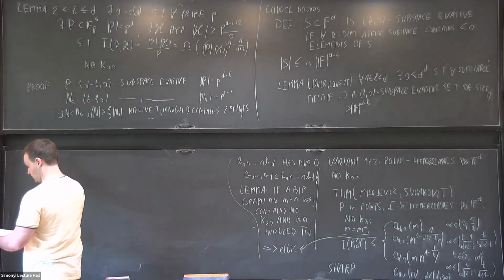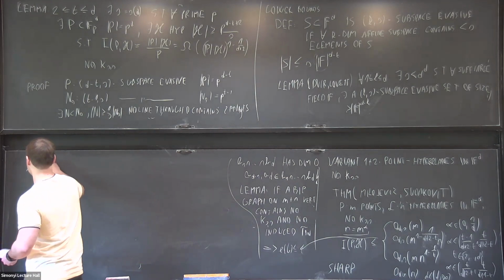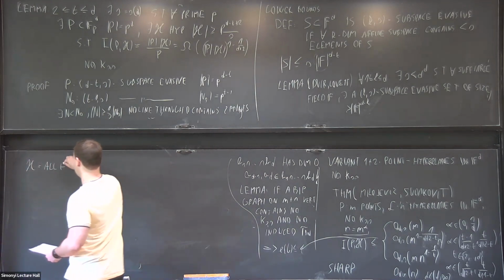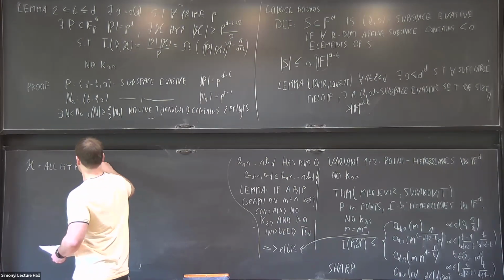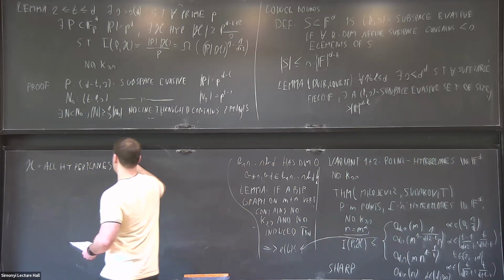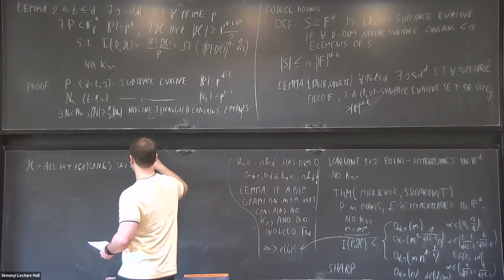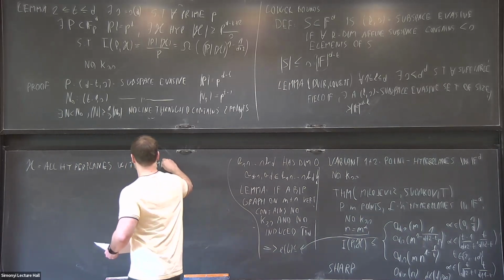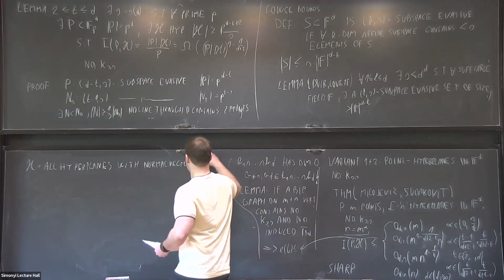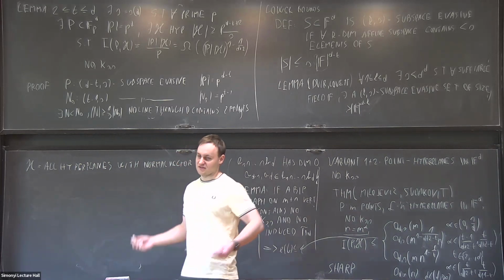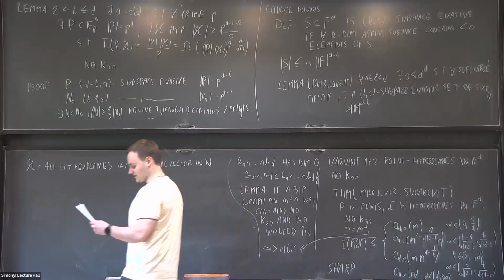Then what I just do is I take H to be all the hyperplanes with normal vector in n. Yeah, so this is the construction. And why does this work?